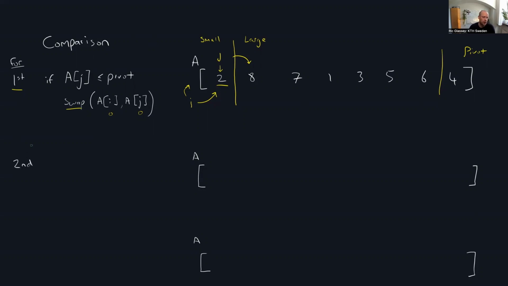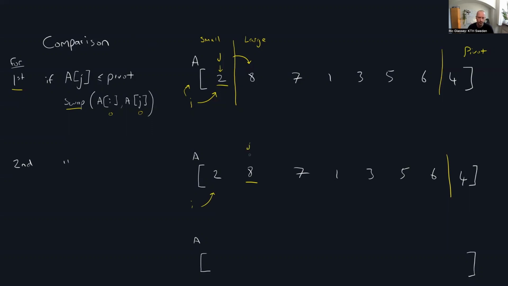We've moved I forward. And we're going to keep doing the same thing. We're going to ask, is a of j less than the pivot? So the state of my array, I'll keep updating it: 7, 1, 3, 5, 6, and 4. Our pivot is here. And in this case, we're now considering 8. So I is pointing to 0 and j has moved to 8.